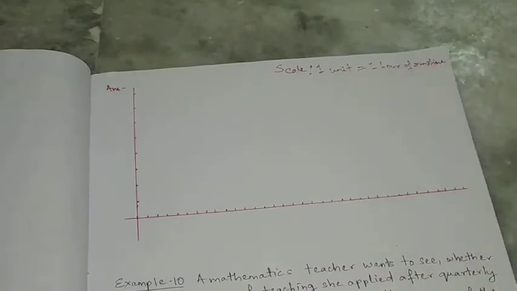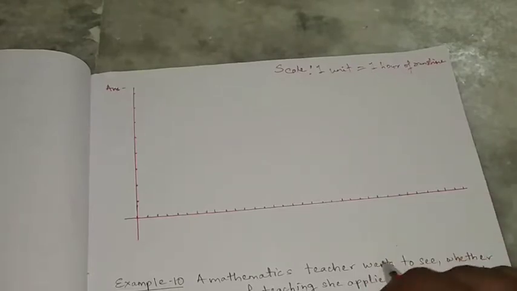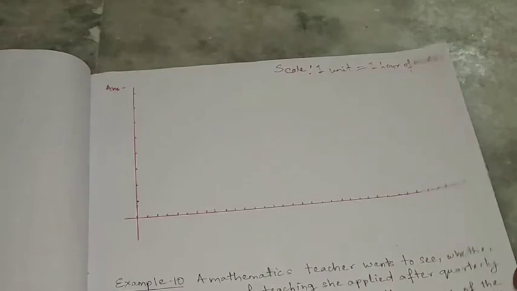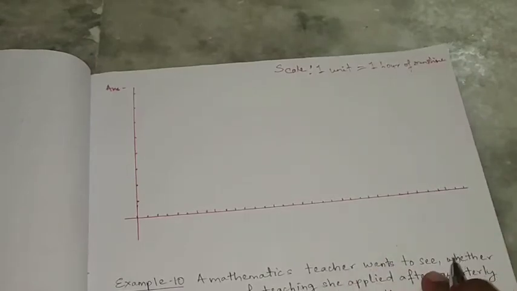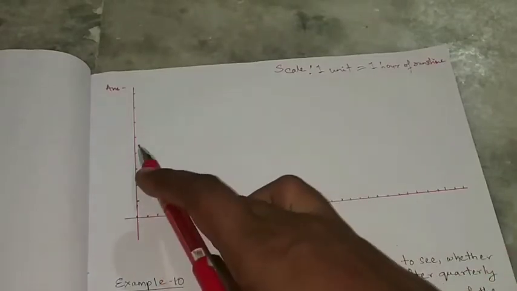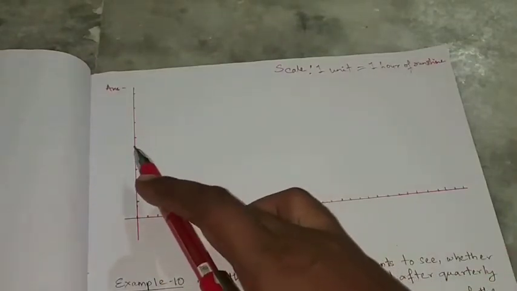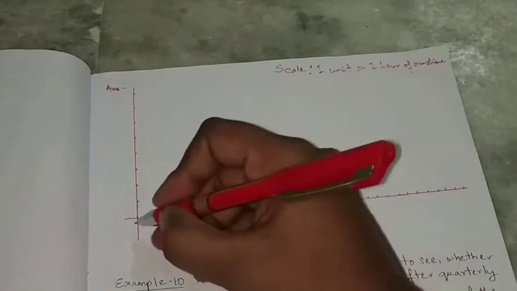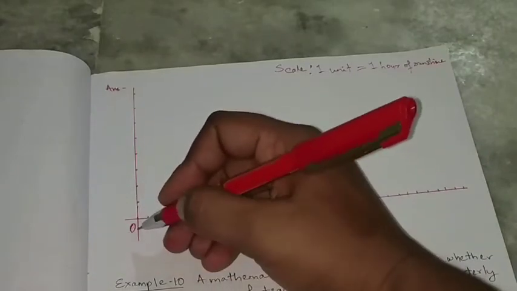Okay, let's see whatever is given. Here is the horizontal axis, and on the horizontal axis we'll put the months, and on the vertical axis we'll put hours of sunshine. So this is O or 0.